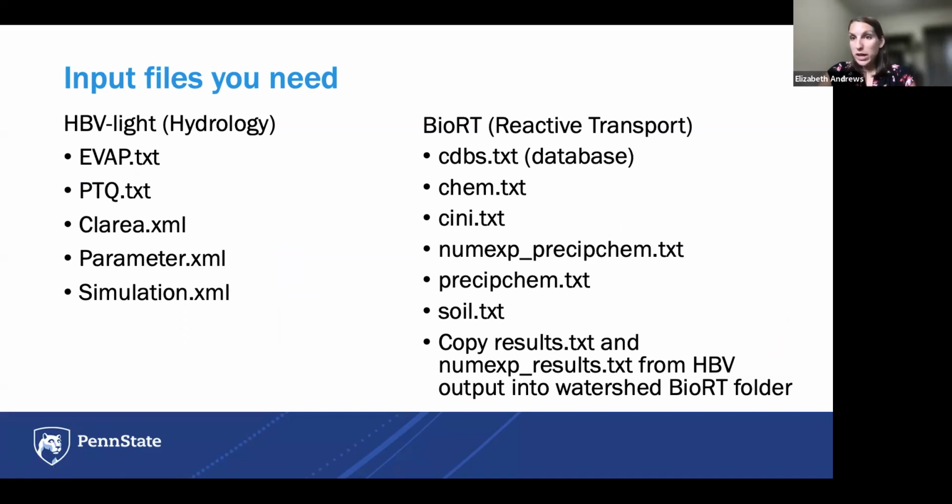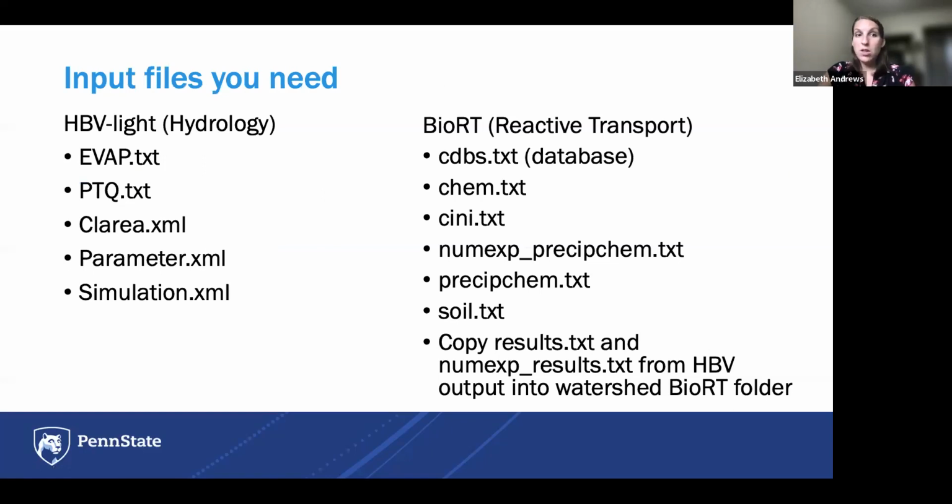For the HBV light or the hydrology model, you need to provide evaporation. This would be a potential evapotranspiration for the watershed that you're interested in, and precipitation, temperature, and discharge in one text file.